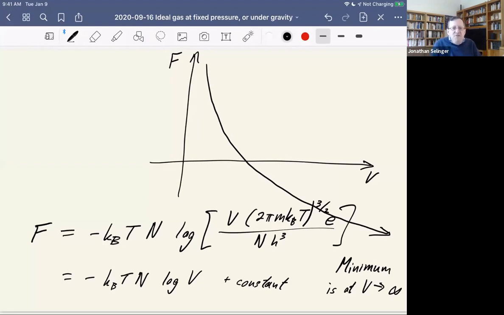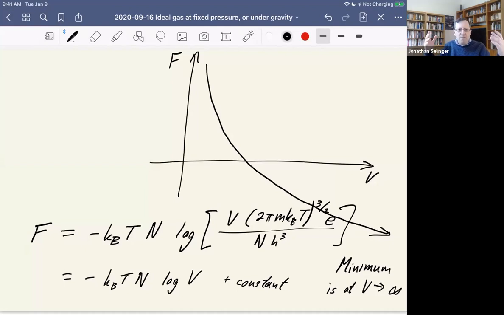What did we leave out from the calculation? And the answer is we forgot about the pressure, right? We say, oh, I forgot the pressure. And so the point is that when you have a system that is able to expand, when it expands, it's pushing against something.